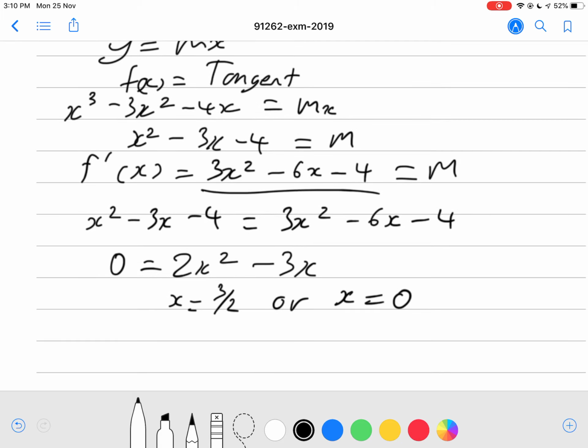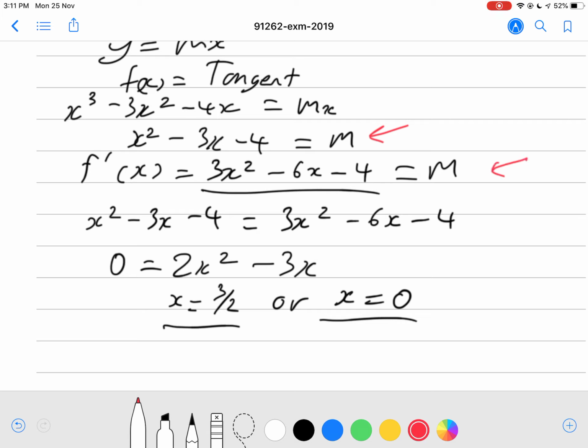And now we want to find the equation of the tangent. We do this by substituting these x points back into our gradient function in order to find our gradient, which is also our equation of the tangent. So for example, we use x equals 0. We can use either of these two equations. We can put it into this m equation or this m equation. It doesn't really matter.